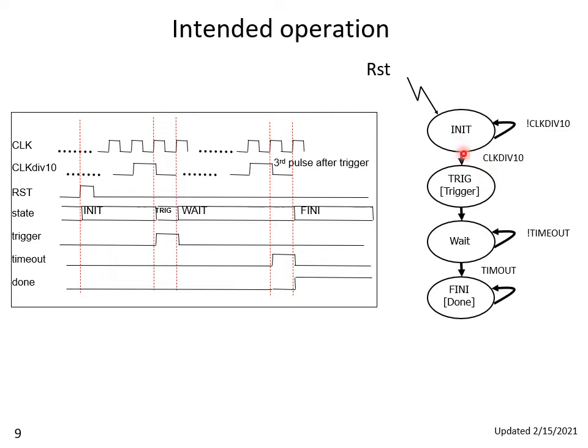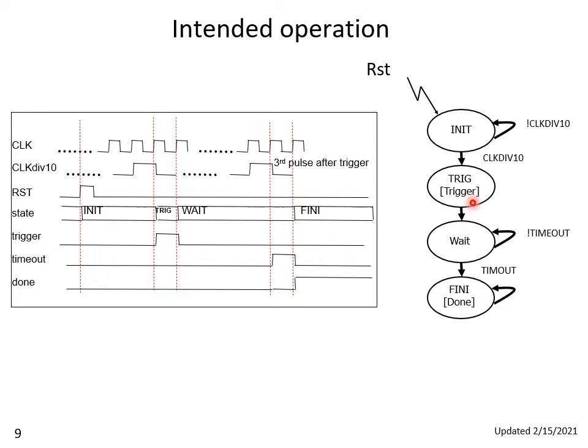But it has the effect of determining when the state transition occurs. So we go into a trigger state, and in this state, I've said that an output called trigger will be asserted. And if you looked back at the block diagram, trigger is the name of the signal that goes from the state machine back to the timer block.